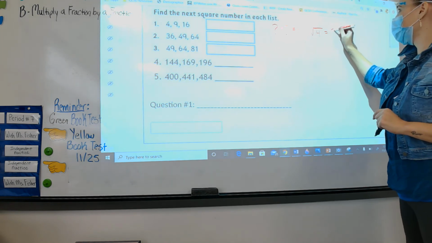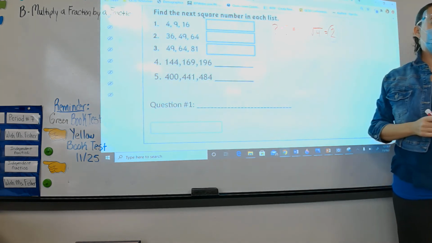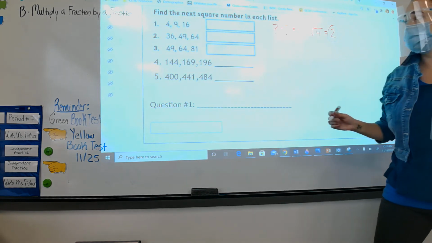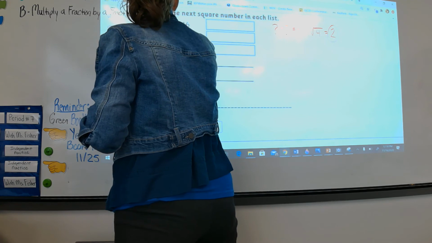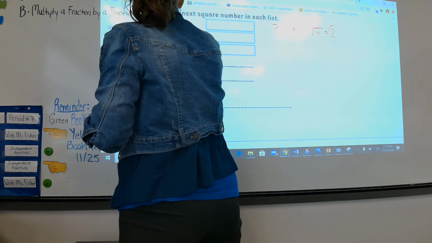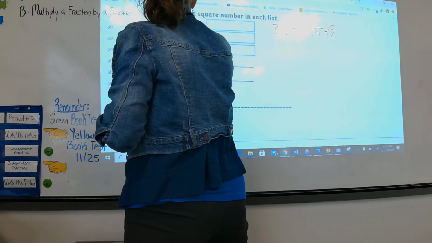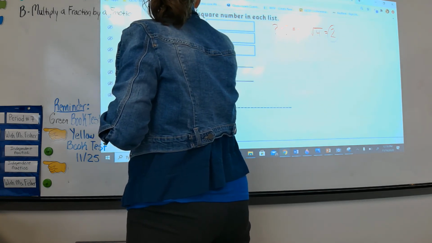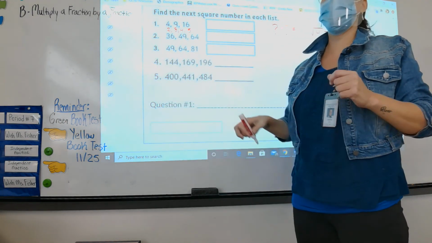Alright? So when you take the square root of 4, you get 2. Okay, so you know this came from 2. Remember, if we're in consecutive order, that came from 3, that came from 4. So that means the next number in the series is 5. And what do you have to do to 5?